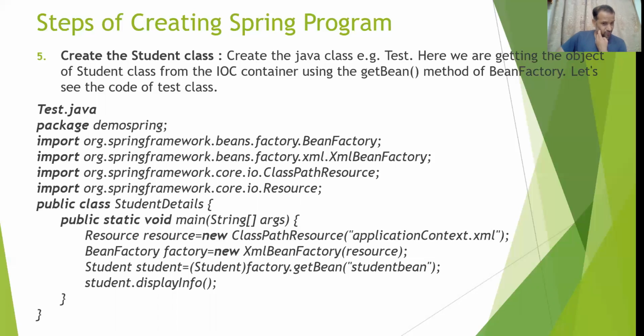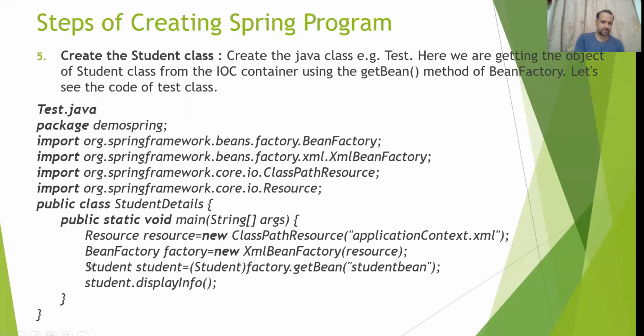Now Resource is one of the interfaces to be created. Resource equals new ClassPathResource, and here you mention applicationContext.xml. You can create this on your own. Suppose I have written abc.xml at the time of creating the context file, so here I have to mention abc.xml.